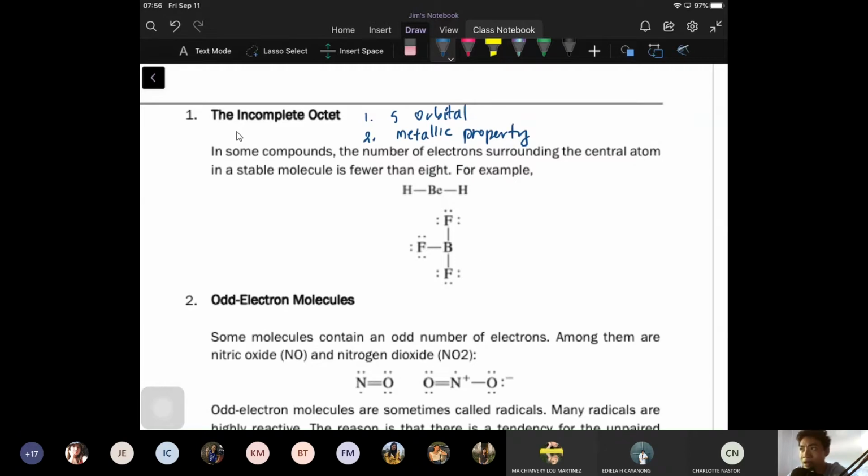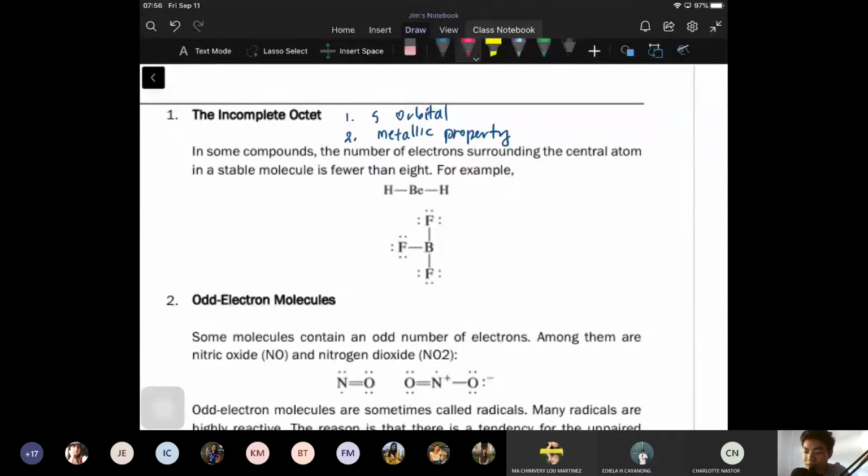So again, sino yung mga atoms that violate the octet rule na incomplete yung octet? Lista natin para pag nakita nyo, may intuition na kayo kung sino yung may violate ng octet rule. So the usual atoms that will violate the octet rule would be hydrogen, beryllium, magnesium, boron, aluminum. Yan lang naman. Yan lang yung mga typical example.